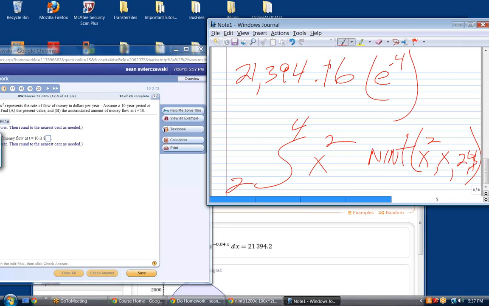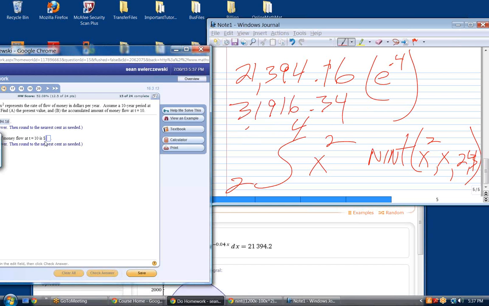Multiply that number, 21,394 point whatever, times e to the 0.4. And it might be important that you not round off, because you could accumulate some round-off error potentially here. Yeah, I pulled the whole number. I got 31,916.34. And that's rounded.